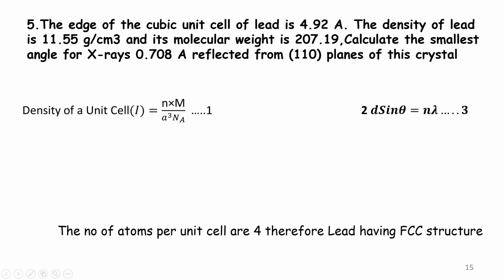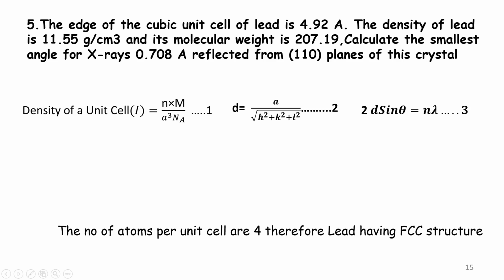So you should know the formula for the density of the unit cell, and the density of the unit cell is given as rho is equal to n into capital M divided by a cube into Na. Now where n is the number of atoms per unit cell, M is the molecular weight, a is the lattice constant and Na is the Avogadro's number.